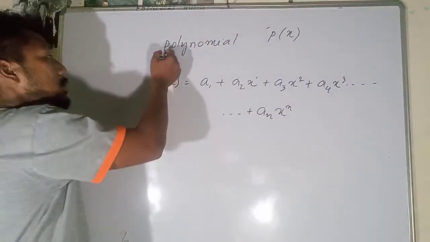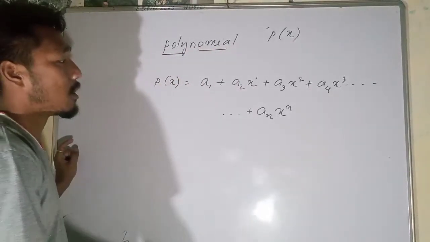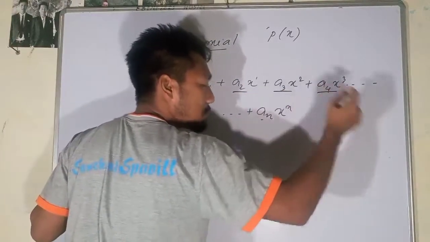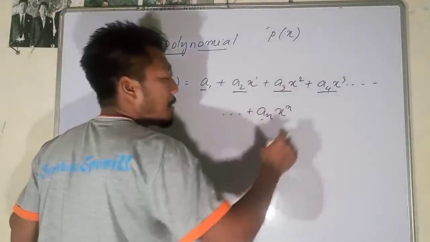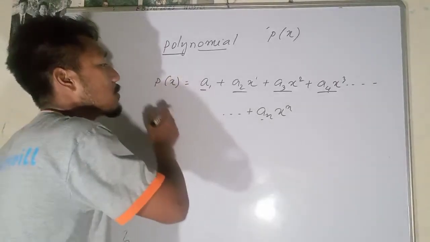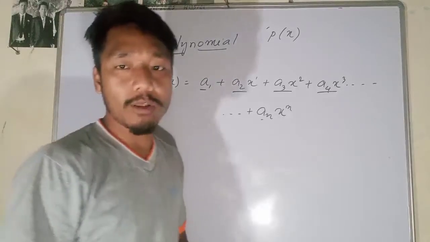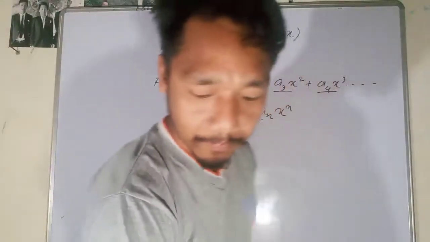Poly means many, nomial means terms. Here we have many terms, and such types of equations are called polynomials.